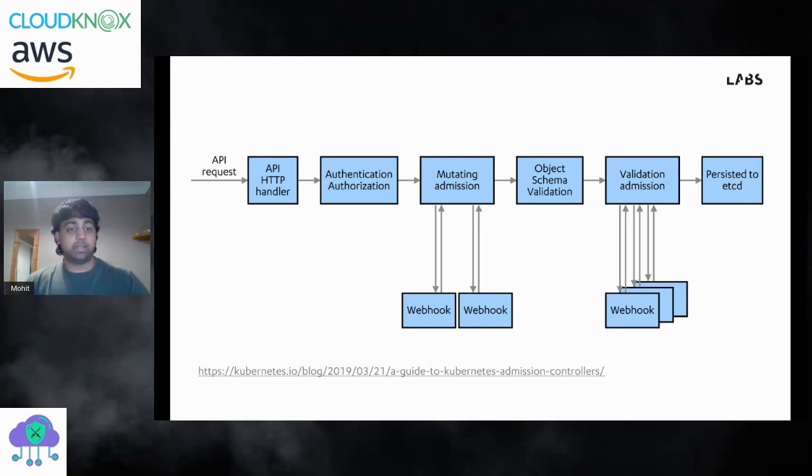Once all the changes are made, it makes sure it still meets the object schema validation, so it's still a valid resource, and then finally passes it to the validating admission controllers to run all the final checks and make sure it's still a valid thing to save before saving it into etcd. At which point the controller managers and schedulers can start using that data to make the changes within the cluster as needed.